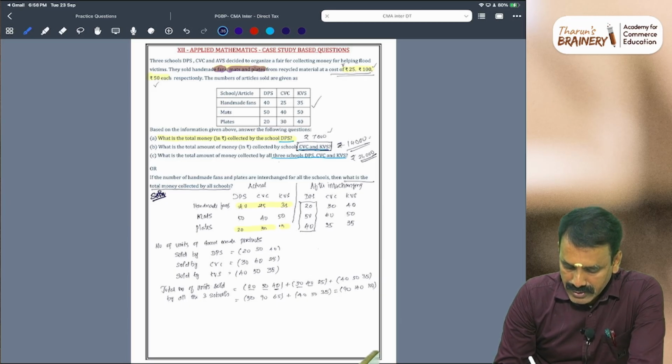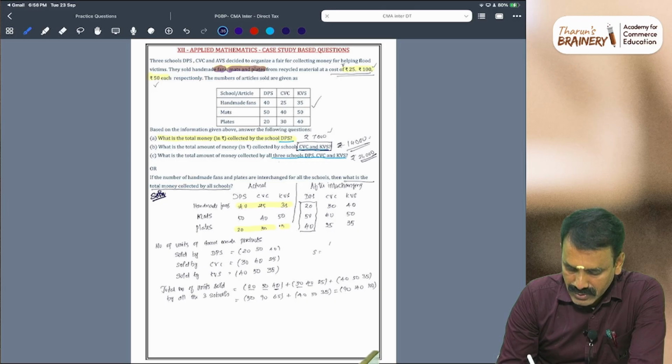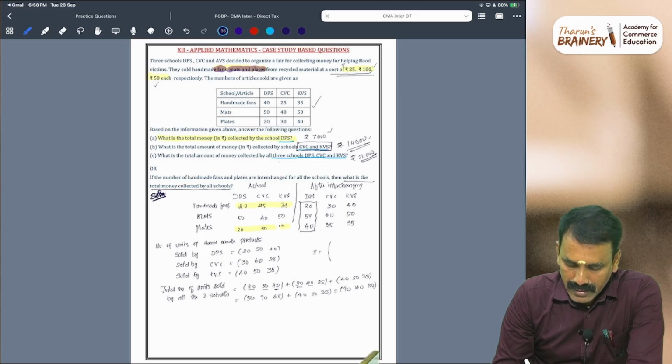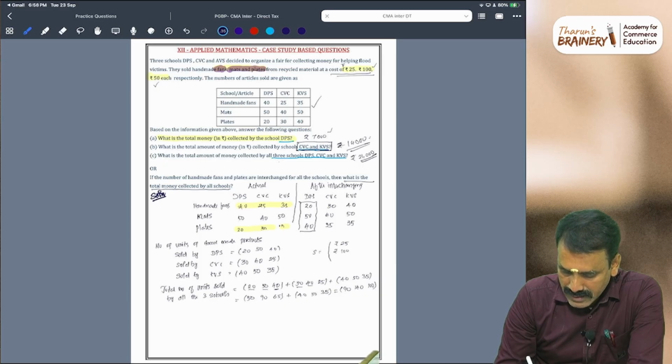And the selling price of each unit remains the same, no change. It is going to be rupees 25 for fan, rupees 100 for mat, rupees 50 for plates.